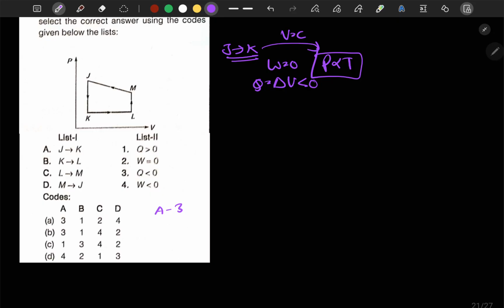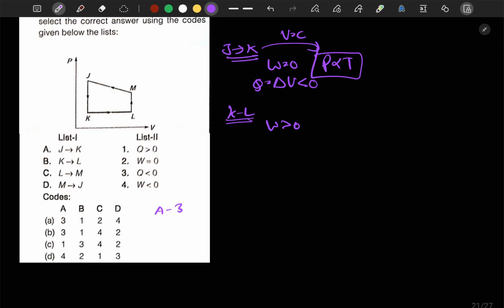B, K to L. K to L is constant pressure and expansion, so work done will be positive, greater than 0. And what else will happen?